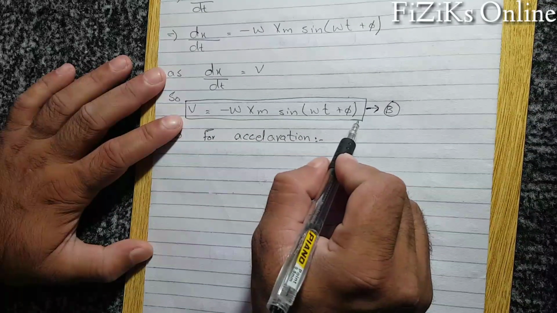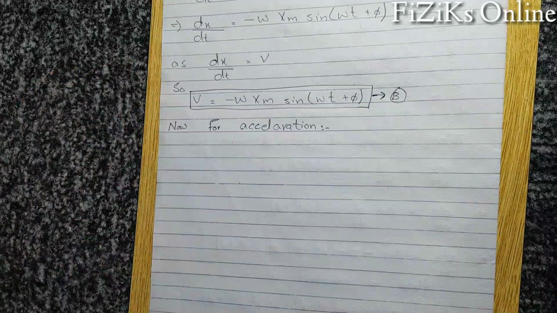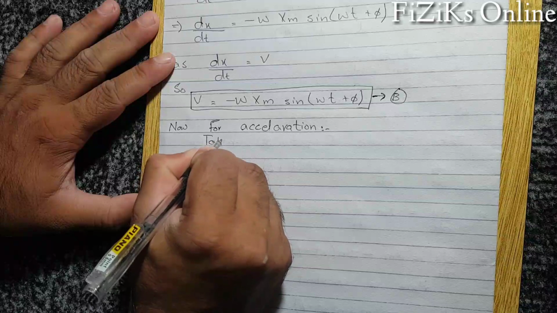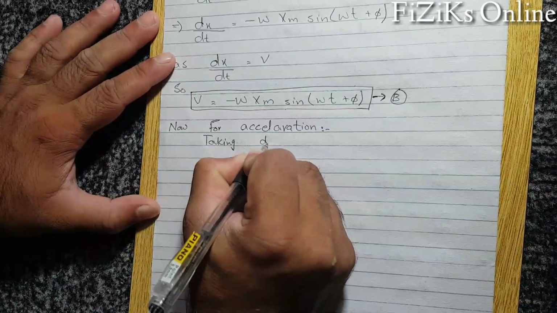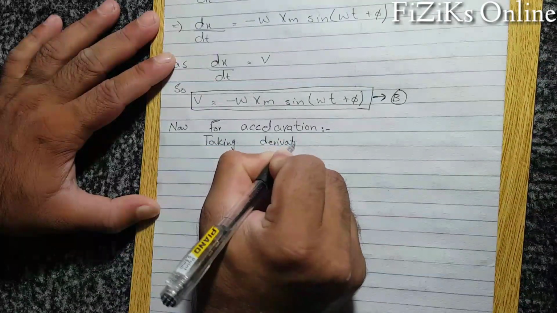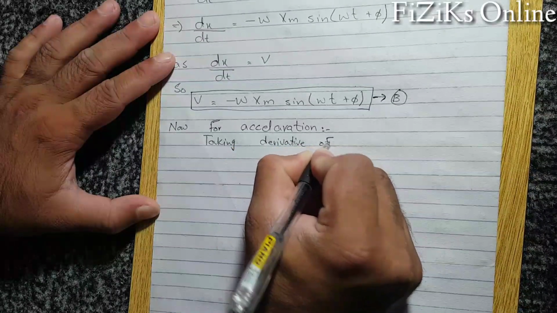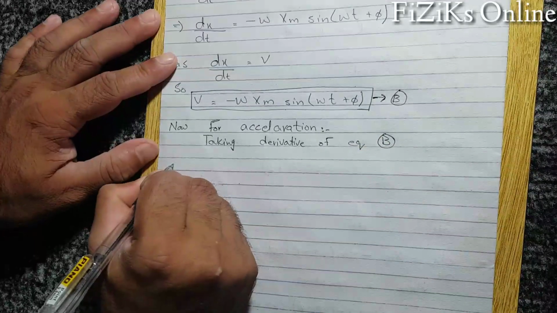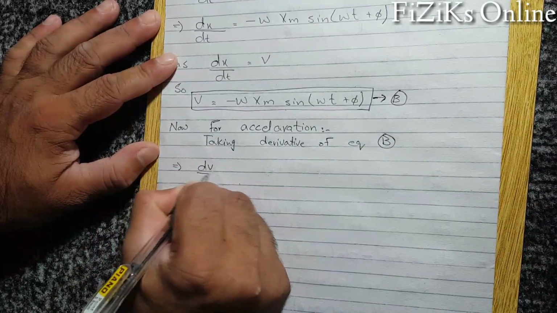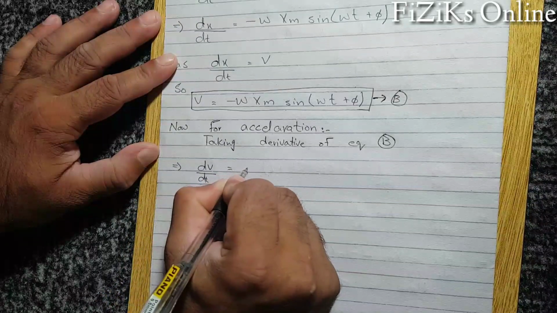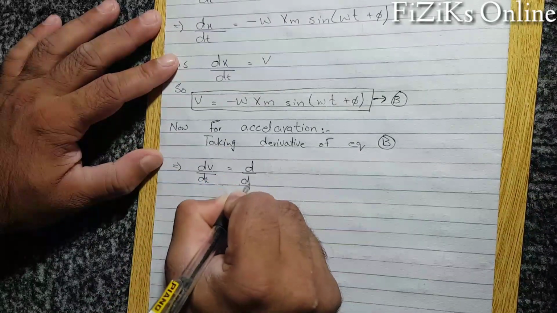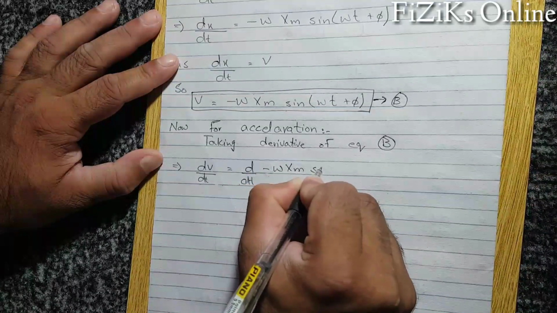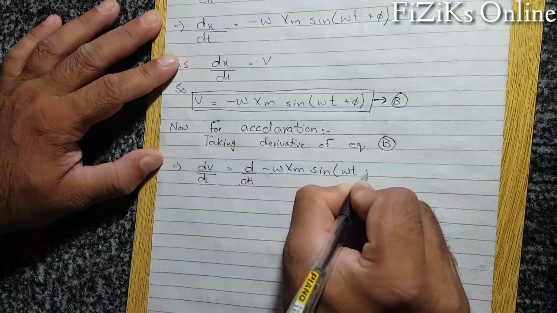Taking the derivative of equation B, dv by dt equals d by dt of minus omega xm sine(omega t plus phi).